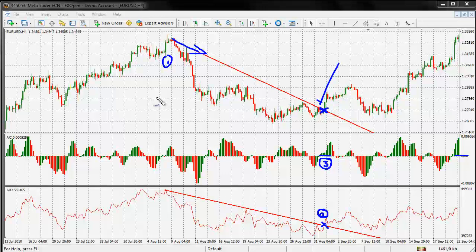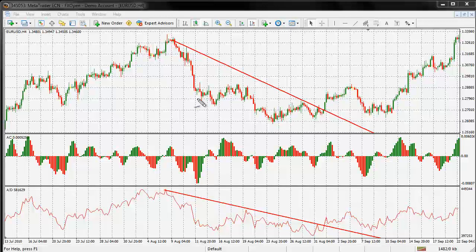Alright, so there we go, we've just found our signal. That's great. Let's go ahead and wipe that off, and you can see where we can place our stop loss and take profit values. Can you guess where we can put our stop loss and our take profit levels?